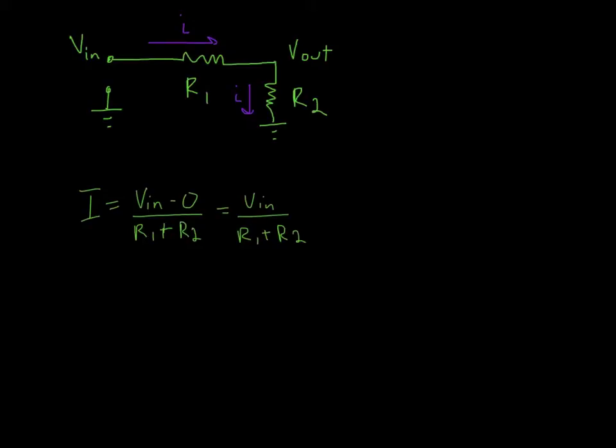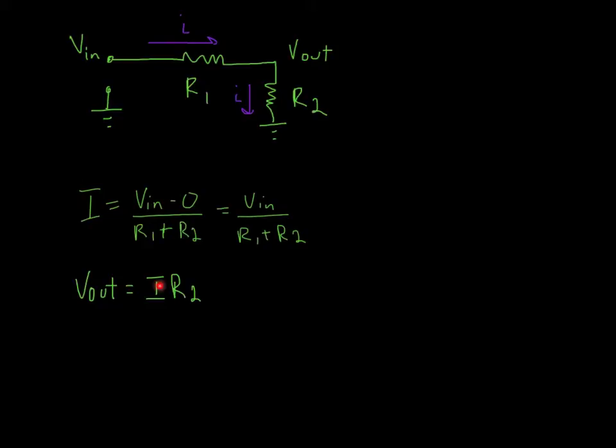So V out, again, it's the same current through the whole circuit, is just going to be I times R2. All we need to do now is plug this current into here, and we have V out in terms of V in. Maybe you see it already.